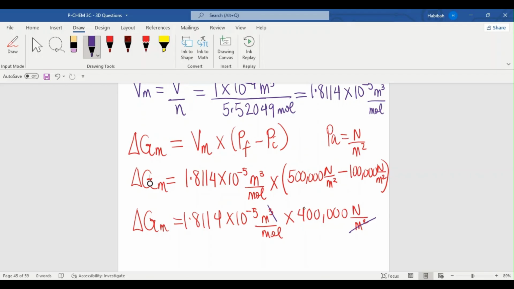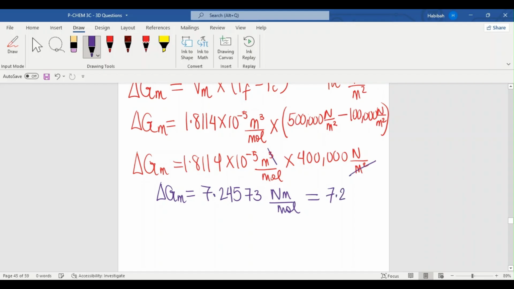So you have 400,000 times 1.811 times 10 to the power negative 5, which would give you 7.2453 Newton meter per mole, or you can just simply write 7.24573 joule per mole. That's basically the answer.